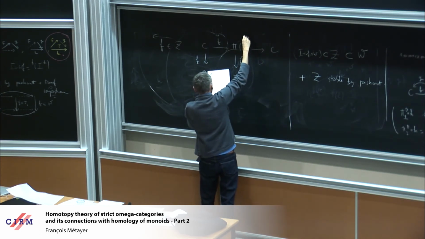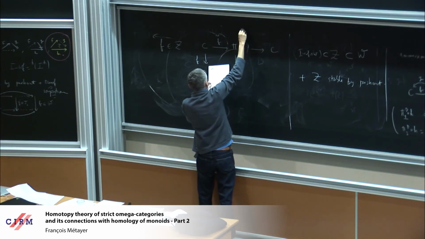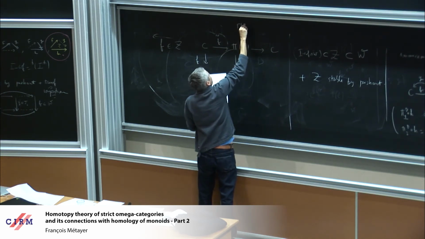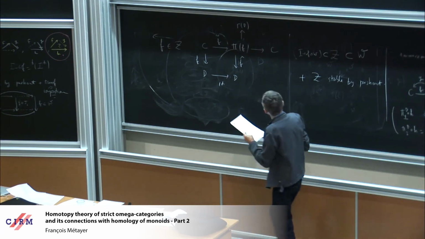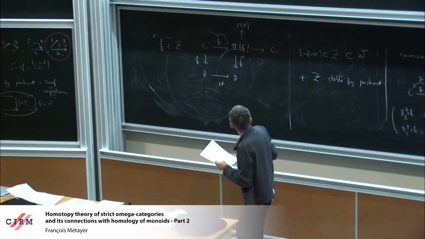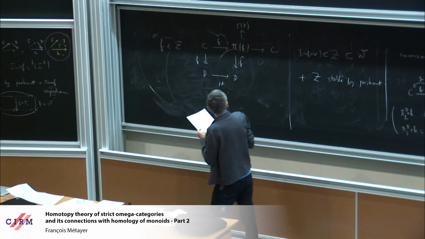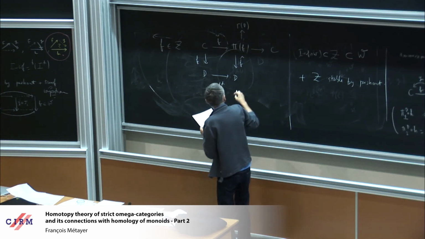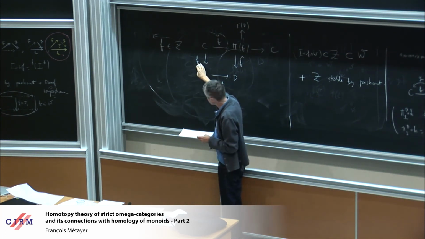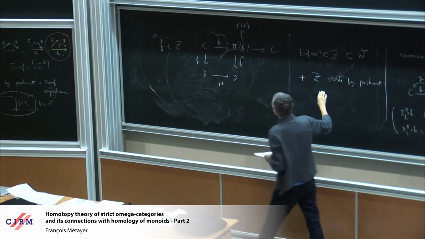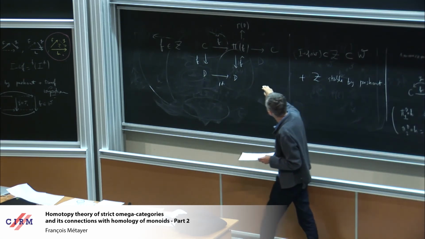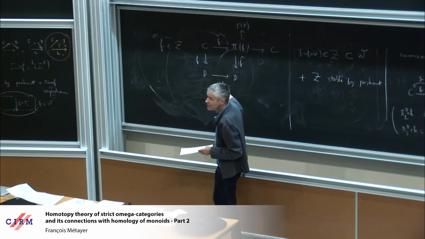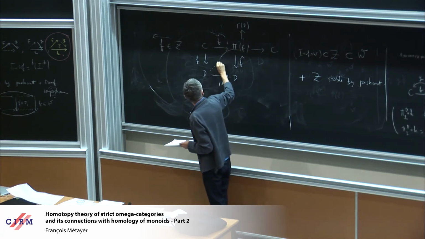C and here. Gamma D. Okay. So you can check that the fact that F is in Z boils down to the fact that this diagram has a lift here, K.